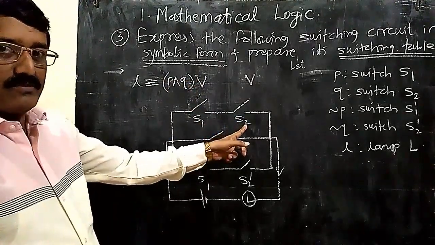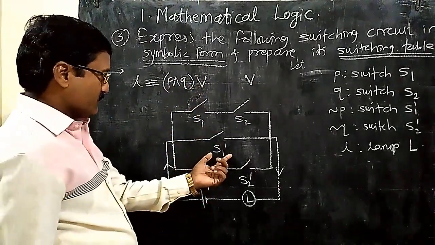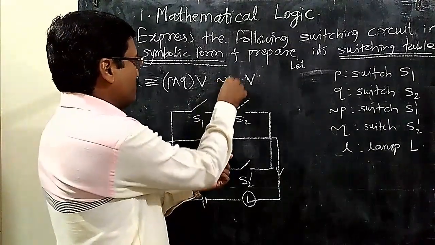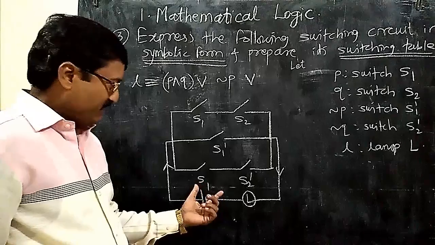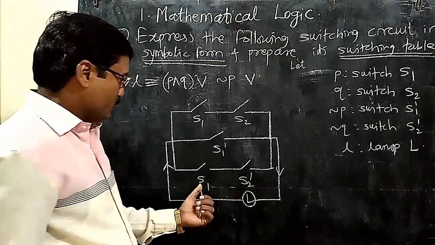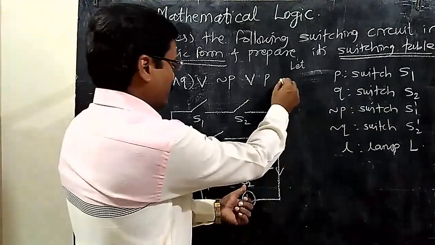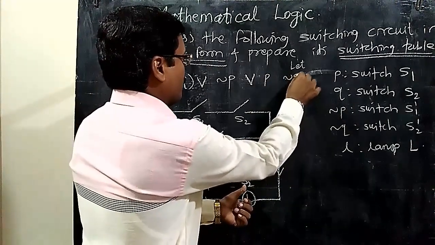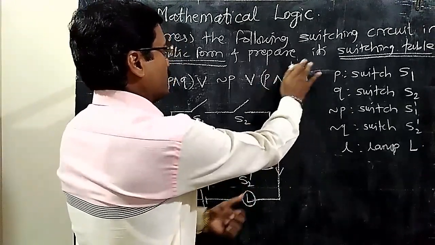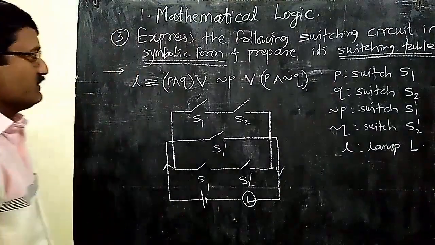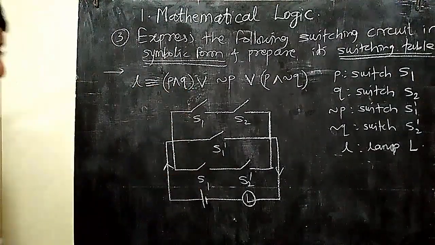This S1 dash is alone here, so we get negation of P only. S1 and S2 dash are again in series, so S1 is P and S2 dash is negation of Q, and these are in conjunction. So we get this as the symbolic form of this circuit.